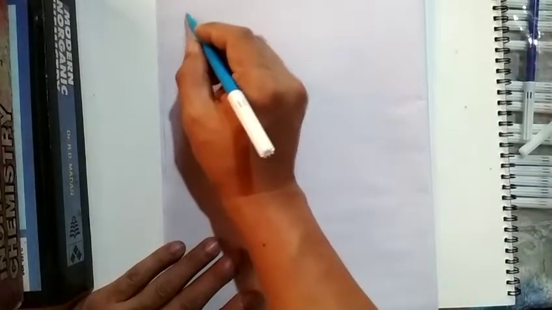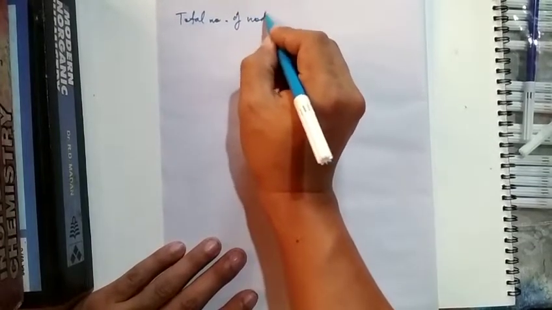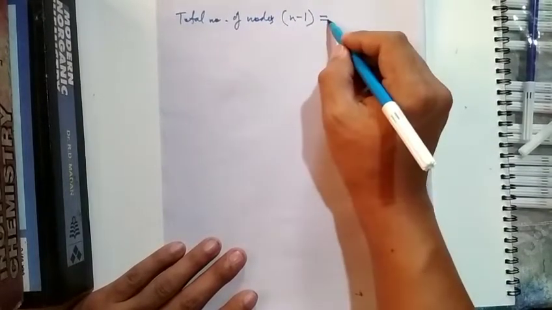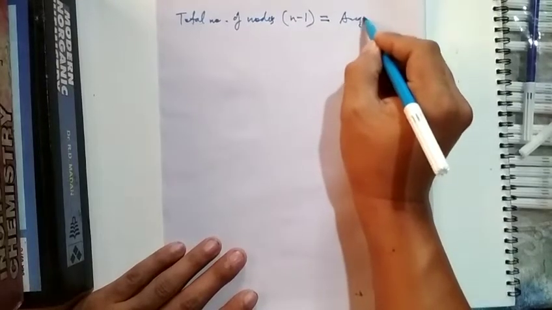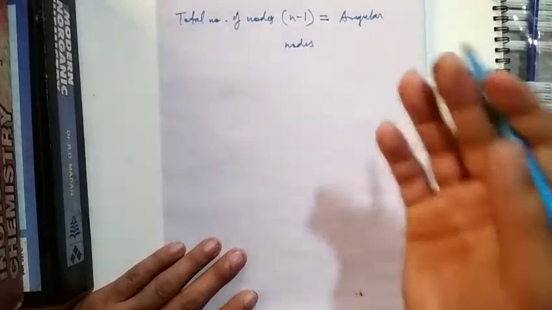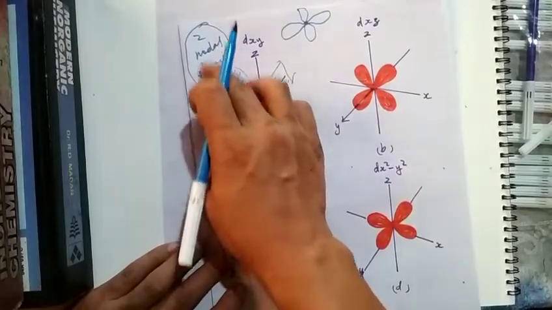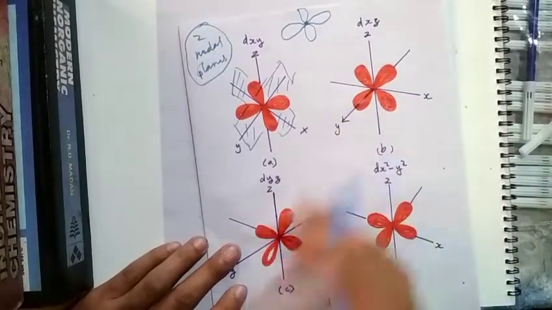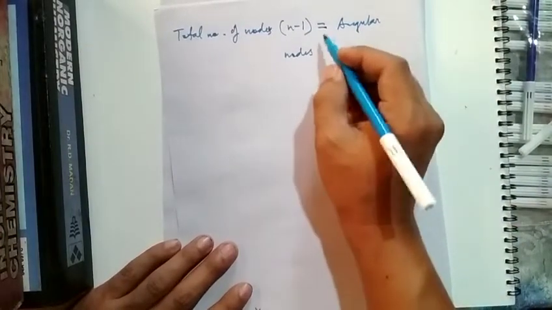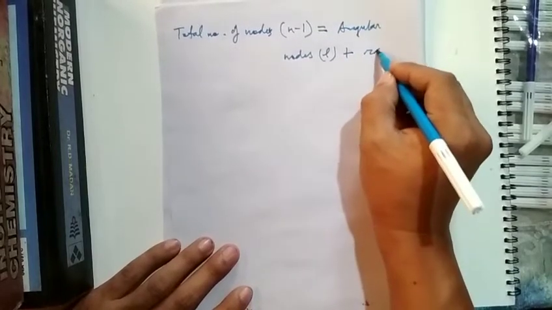So total number of nodes, n minus 1, is equal to angular nodes. This angular nodes is the nodal planes. We call it nodal plane also. This angular nodes is represented by L, plus radial nodes.